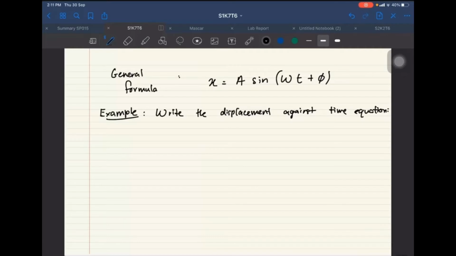Okay, so they give you example in terms of storyline. Dia tak kasih pun diagram, dia cerita. Dia kata a mass is being hung on a spring. Dia kata mass digantung dekat atas spring. So you can imagine dia tergantung macam ni lah.